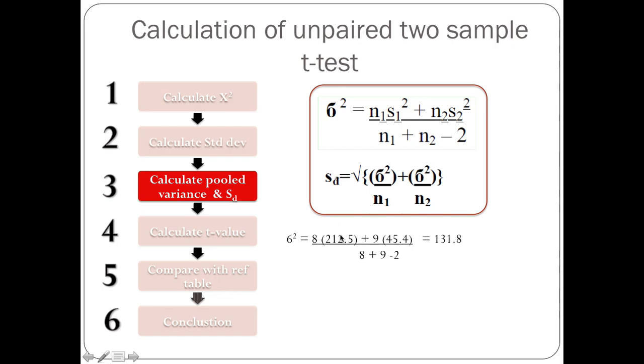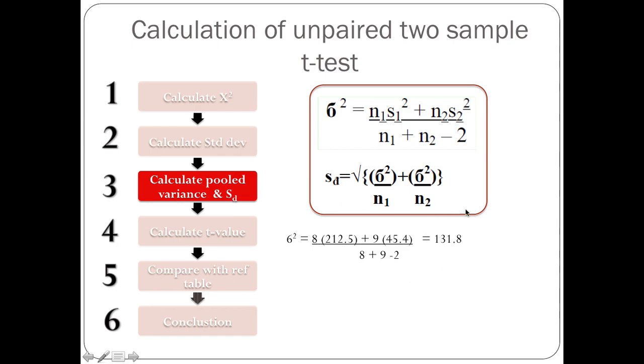So bring it into your formula. Sample size 8 for your group 1, 9 for your group 2, divided by 8 plus 9 minus 2, because there are two groups. So the pool variance is 131.8.